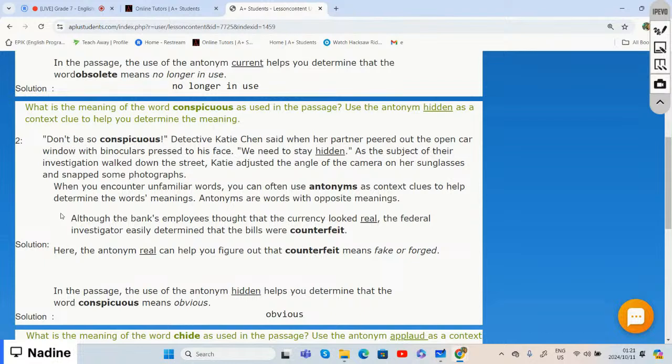All right. And if we now encounter unfamiliar words, remember we say that we're going to look at the antonyms, and we're going to use the antonyms as a context clue to help determine the words' meaning.